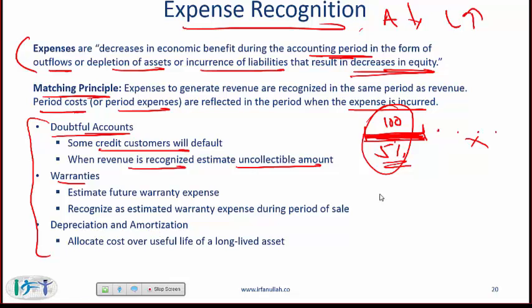You buy a machine that you will use for 10 years. You incur the expense of 50,000 in the first year where you buy the machine. But since you will be using the machine and generating revenue over 10 years, what you do is spread this cost over 10 years through the depreciation mechanism. Again, an illustration of the matching principle.